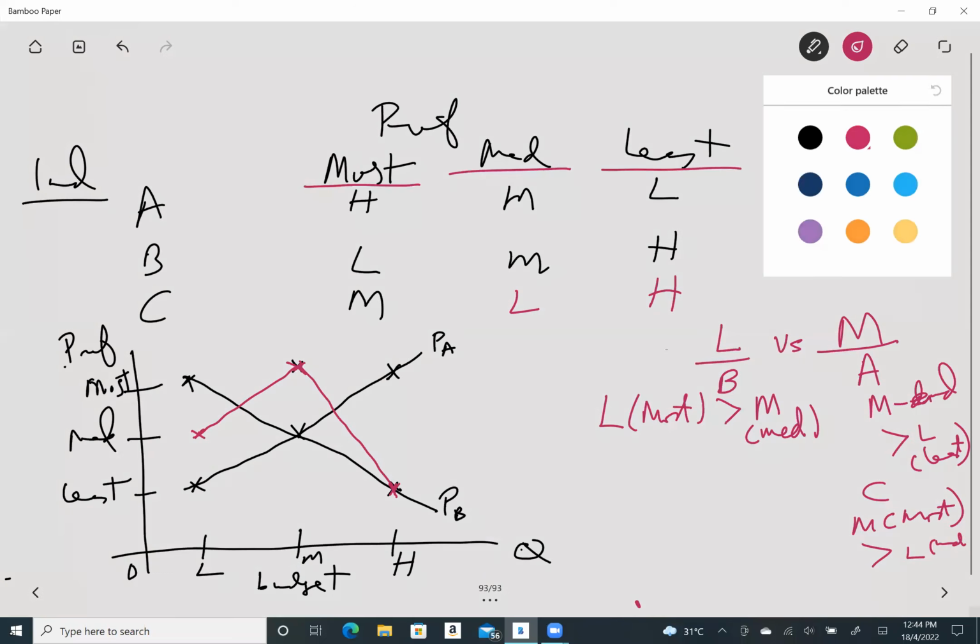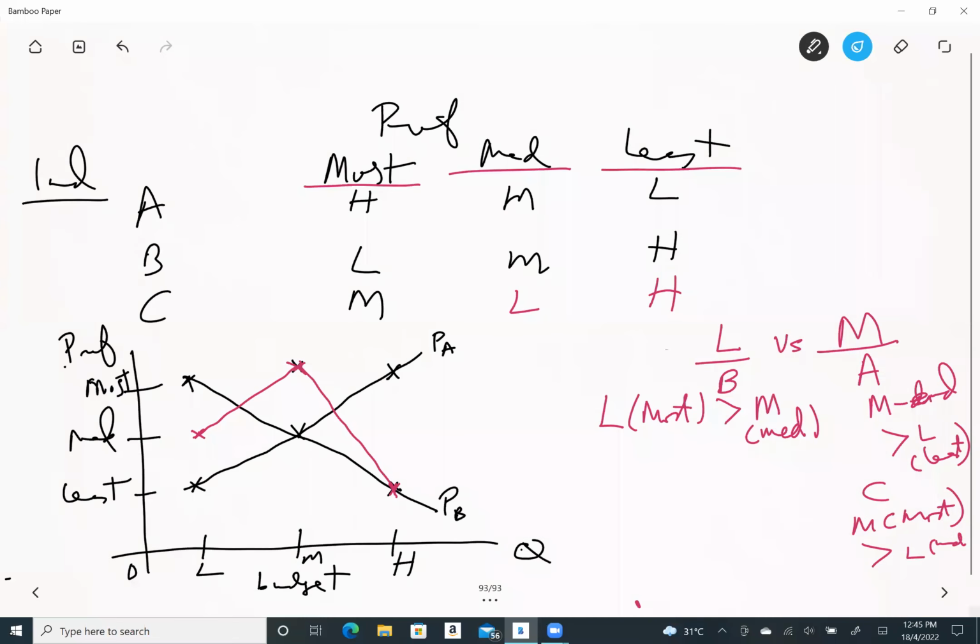So for this head-to-head L versus M, B votes for L, A and C vote for M. So 2 votes for M versus 1 vote for L. So M wins. Okay, M wins.